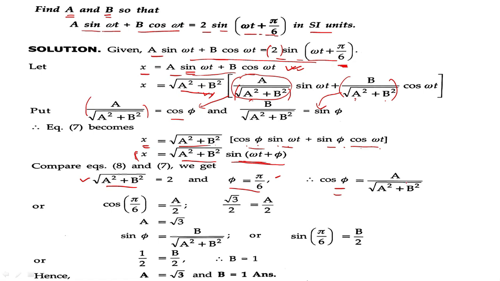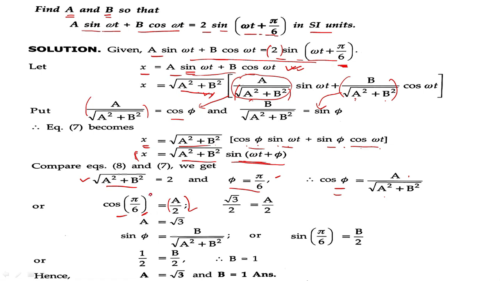Cos phi equals a by the square root of a squared plus b squared. Putting phi equal to pi by 6, cos pi by 6 equals a by 2, because the square root of a squared plus b squared is 2. And what is cos pi by 6?